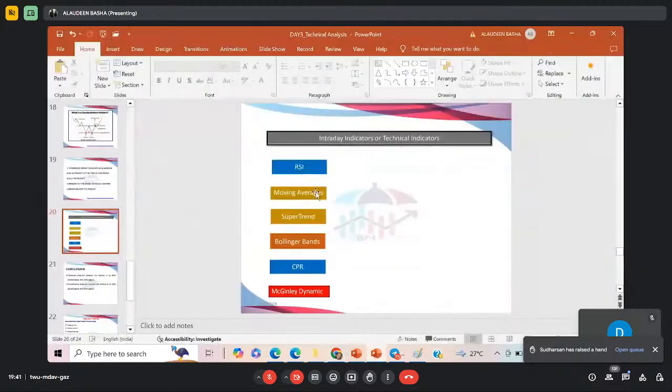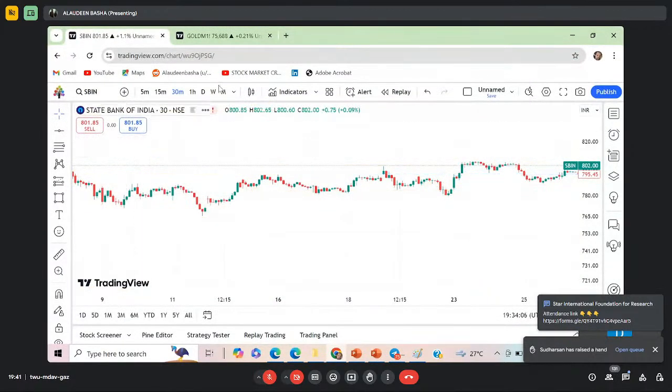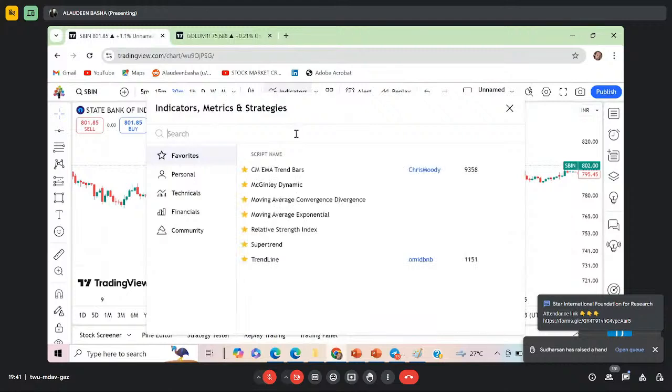That's why I'm recommending these indicators for freshers. There's nothing complicated in these indicators. For example, if you take the Bollinger Band, it's a very simple indicator. Anyone can access it, anyone can easily analyze it. For example, I will show the Bollinger Band.